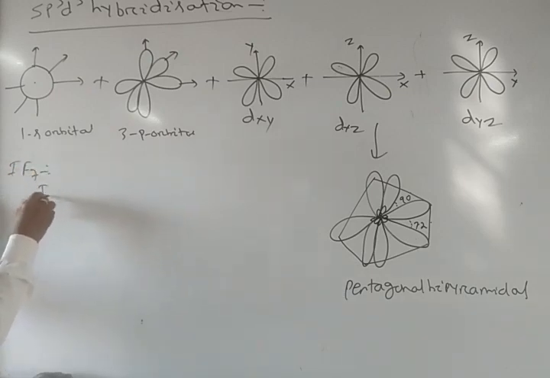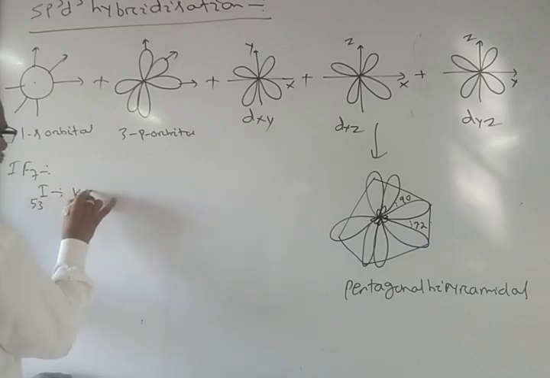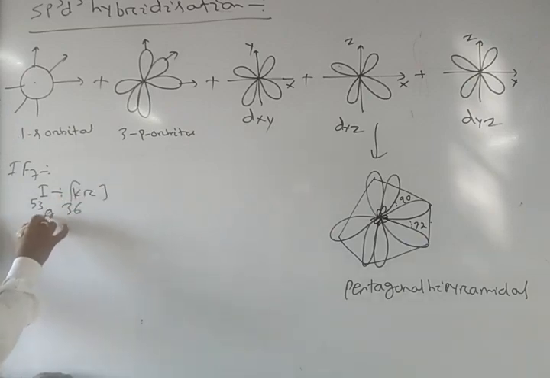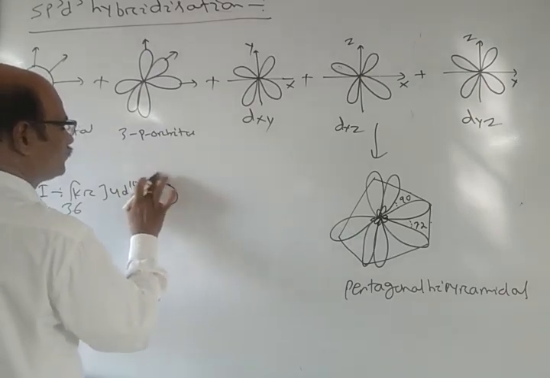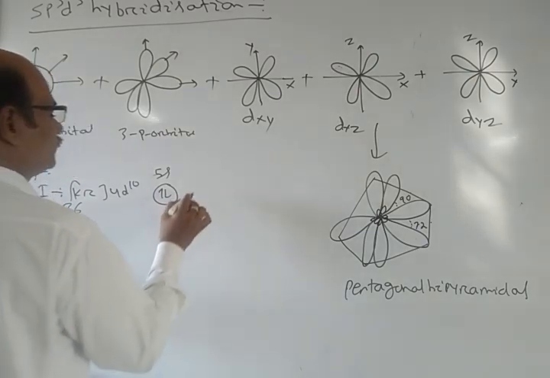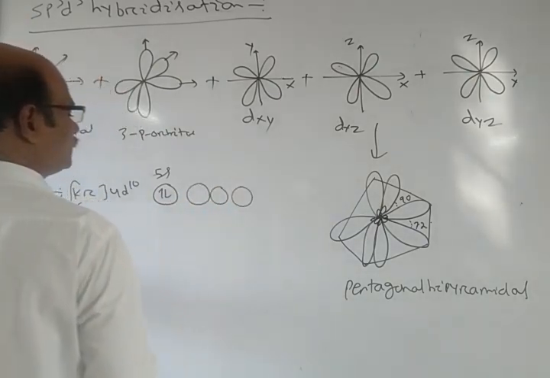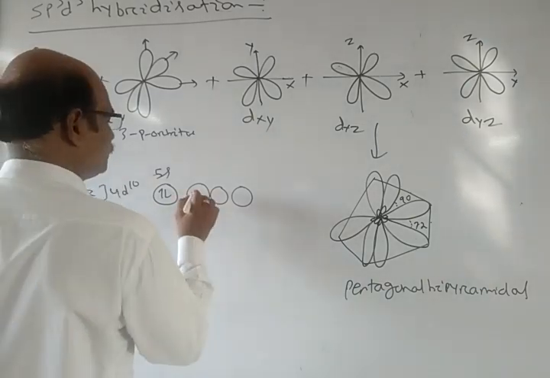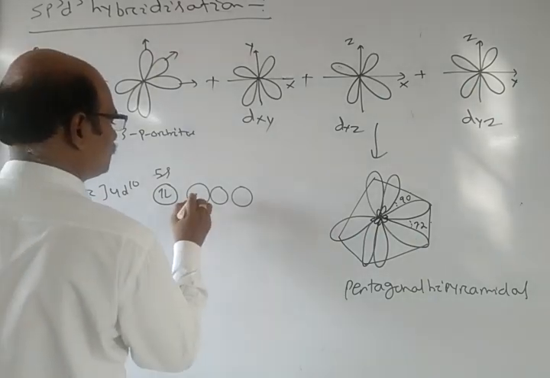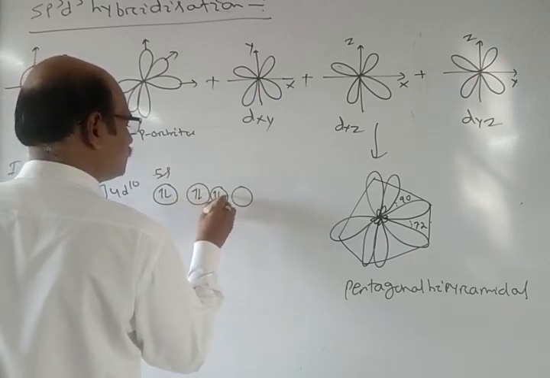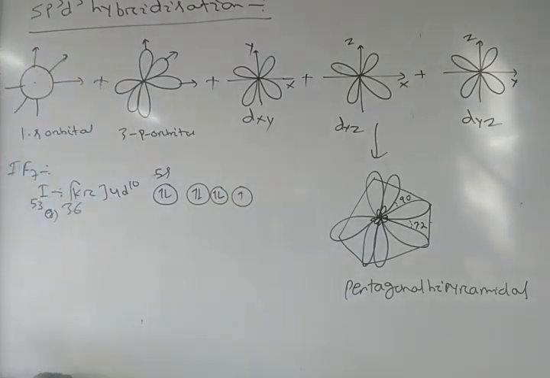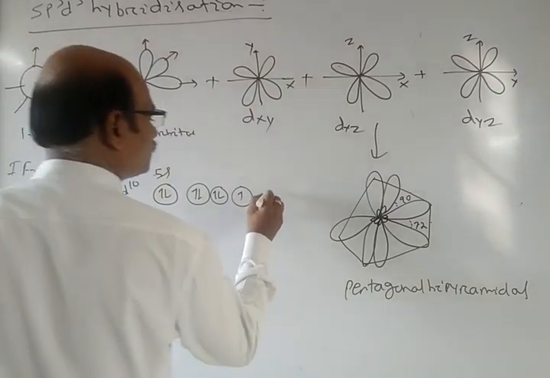Iodine 53: krypton 36, ground state 4d10, 5s2, 5p, 5d.